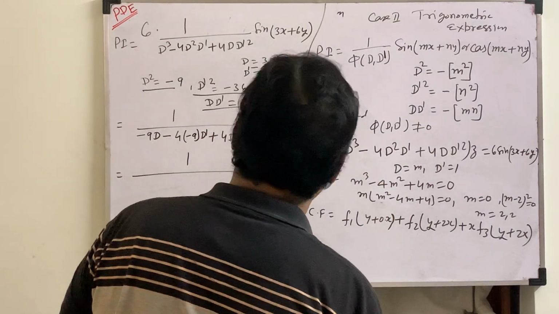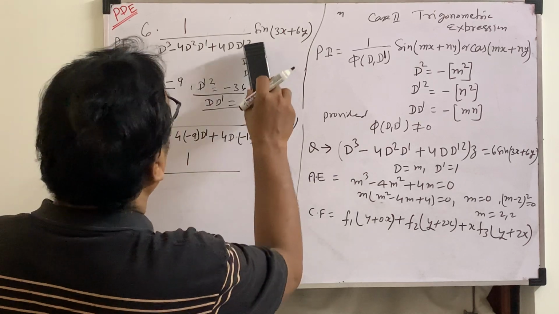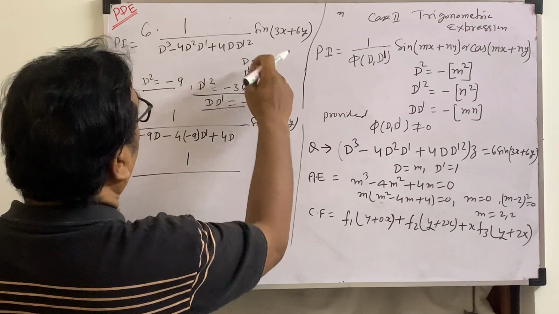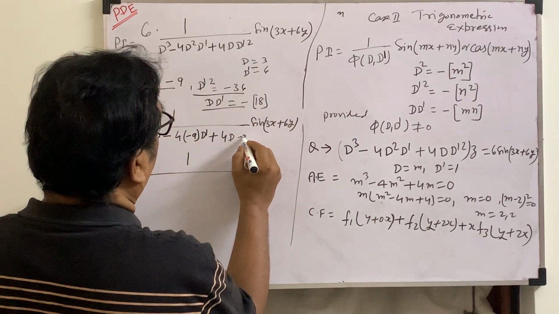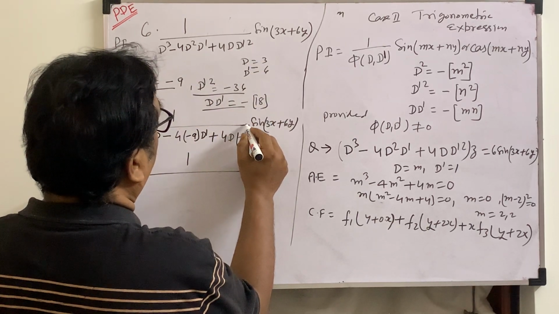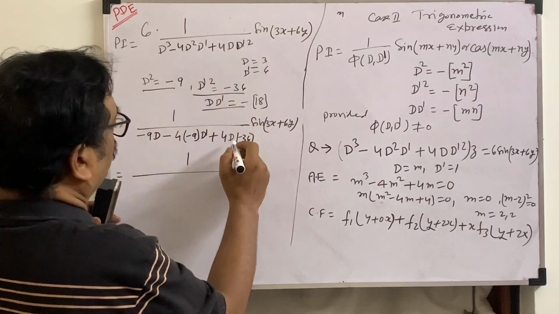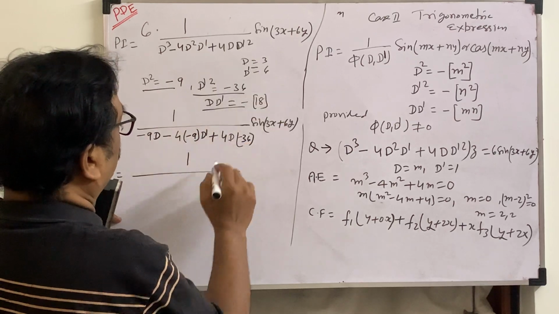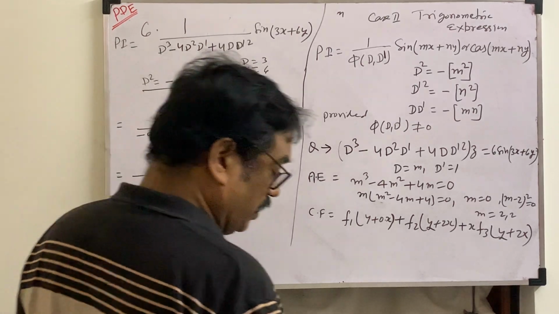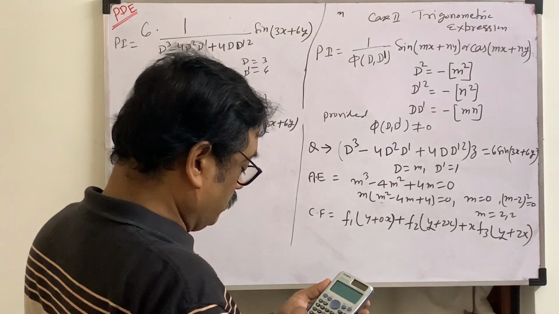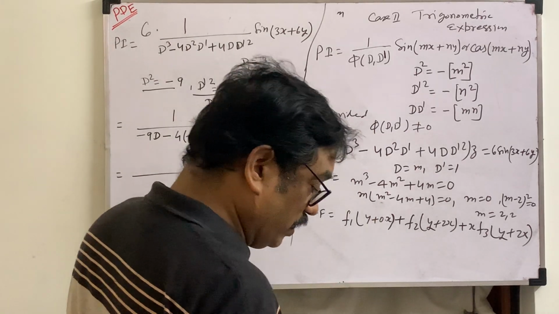Oh, just 1 minute. Here what is D into D dash square? No, I wrote this value wrongly. 4D D dash square, how much? Minus 36. I took minus, and D dash is there. So D is already there. D dash square is minus 36. Now 36 into 4 is equal to 144.